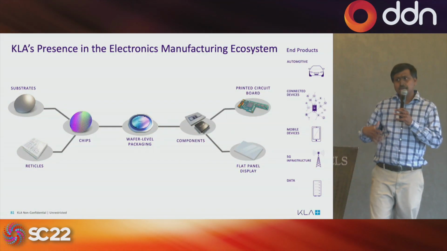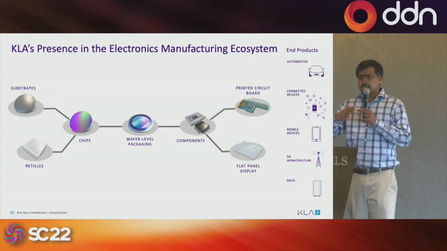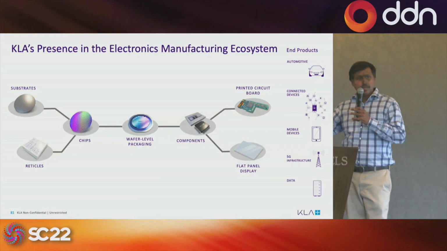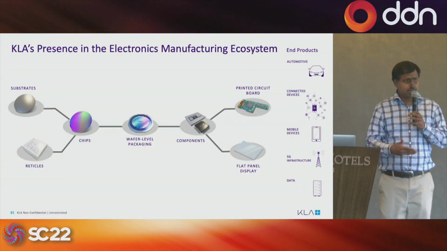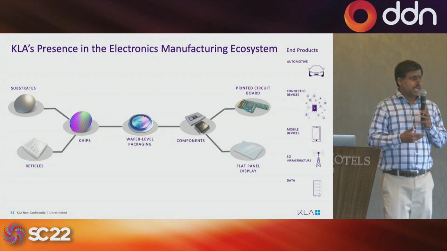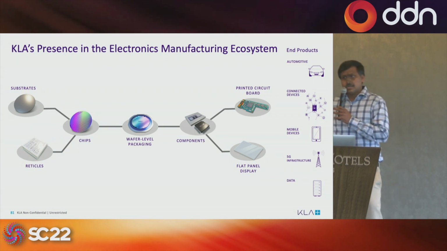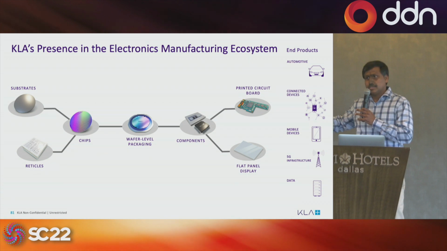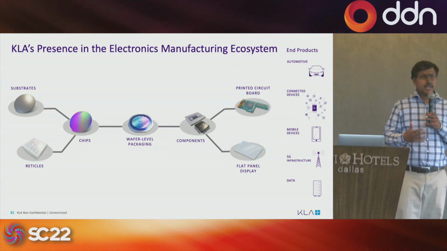They have a lot of critical parameters that they need to measure as they move from one layer to another. And they need inline monitoring and constant feedback given to them, such that the final product which they come to after 5 to 6 months is a functional product. And that's where KLA comes in.